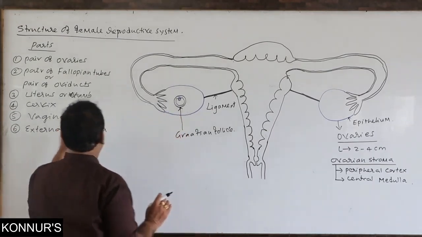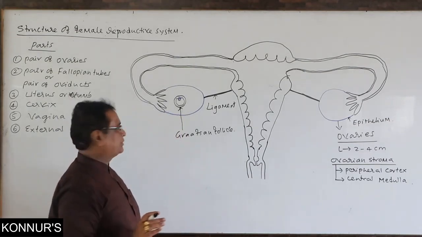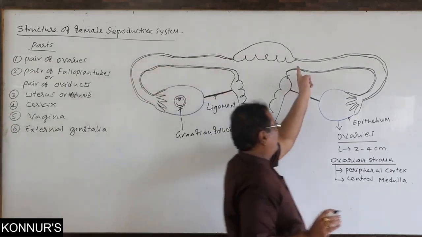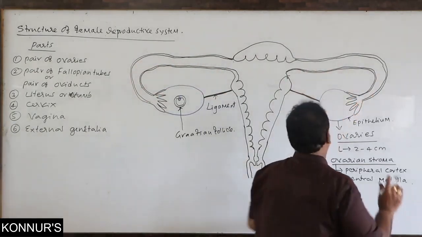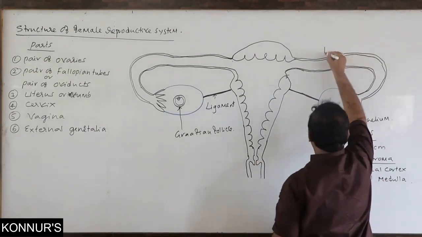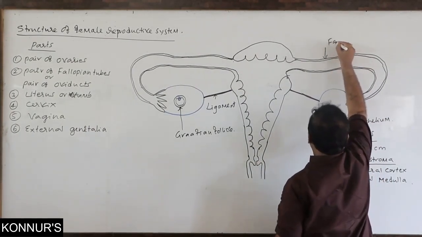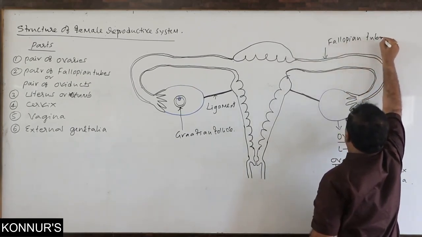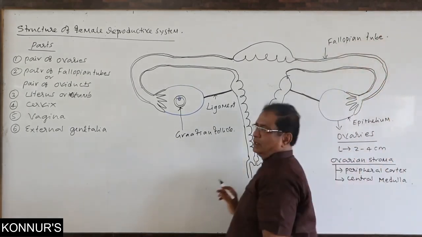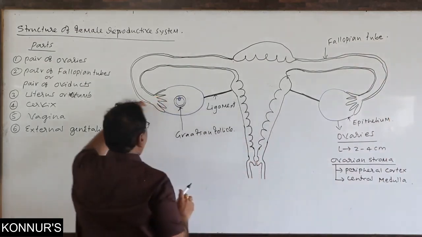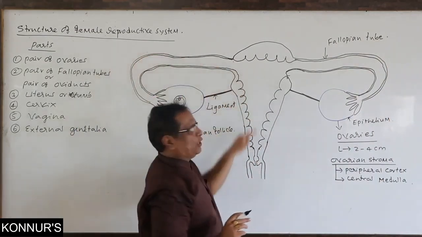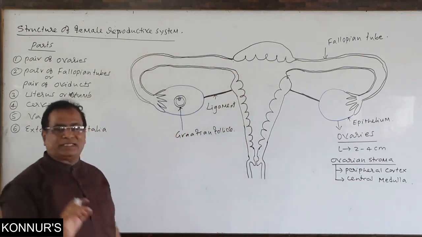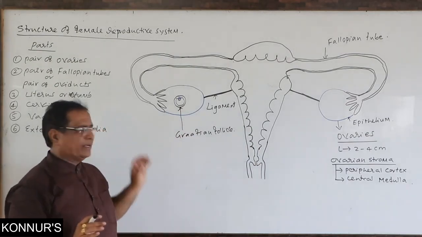And now the pair of fallopian tubes or oviduct. This is a fallopian tube, or oviduct. It starts from the ovary and ends in the uterus. And this fallopian tube is distinguished into 3 parts.